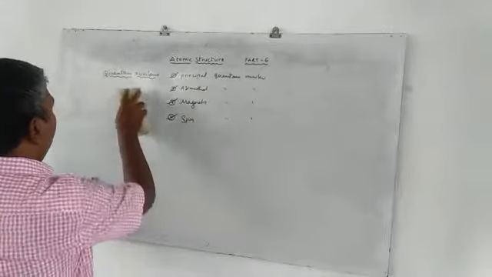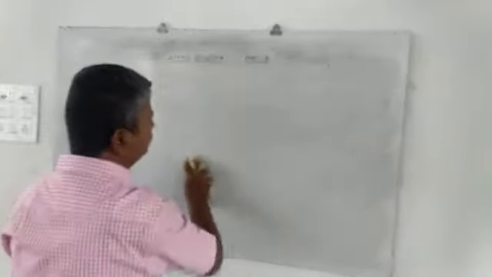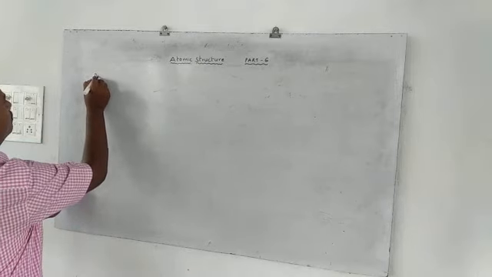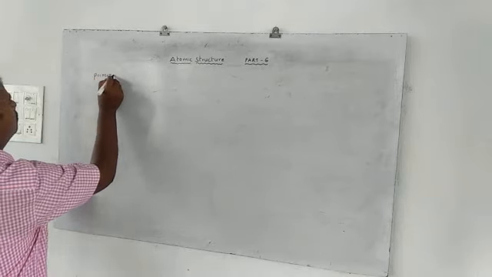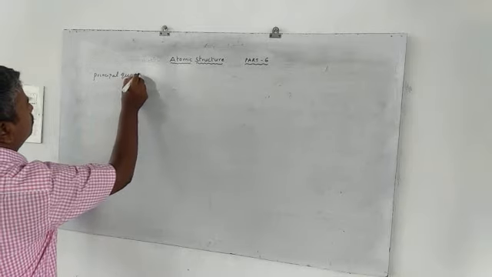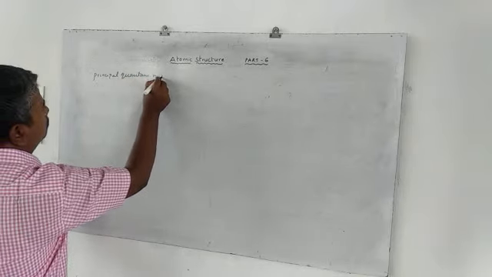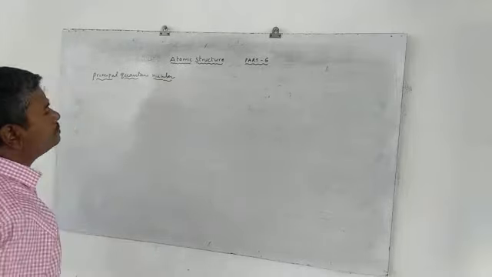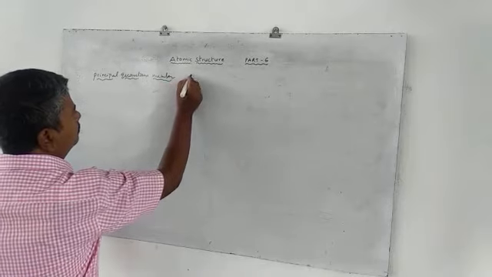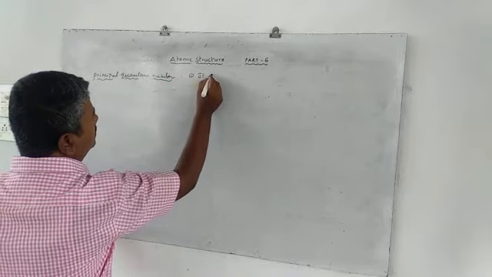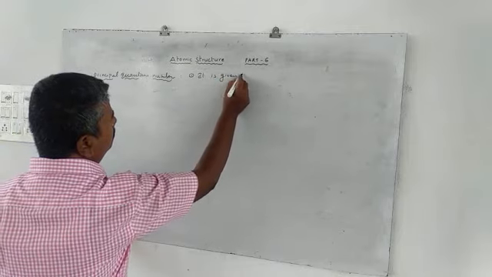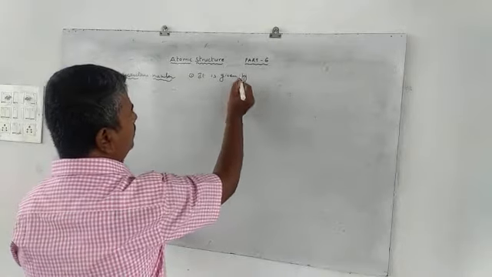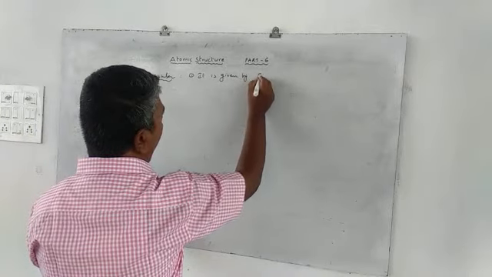First one, principal quantum number. We discuss which one? Principal quantum number. It was given by which one? Niels Bohr.